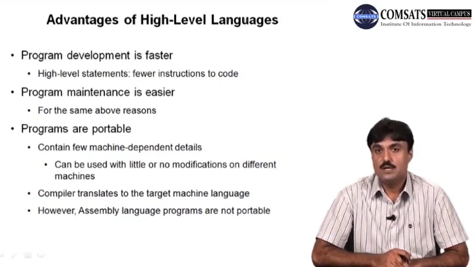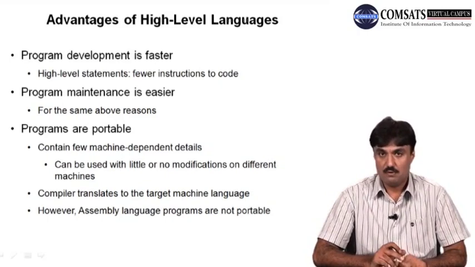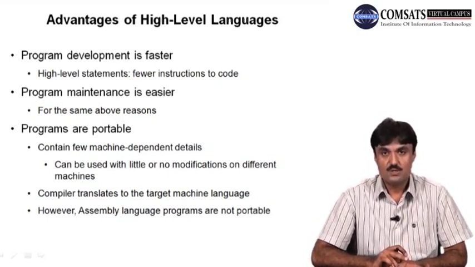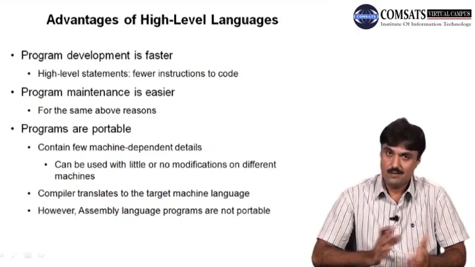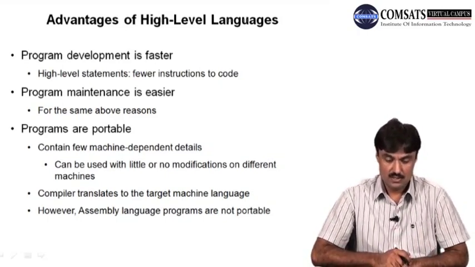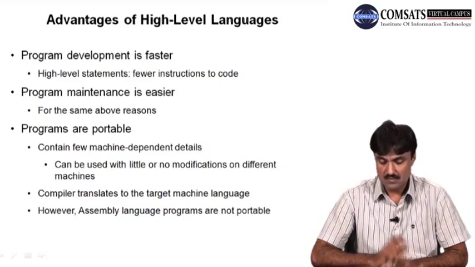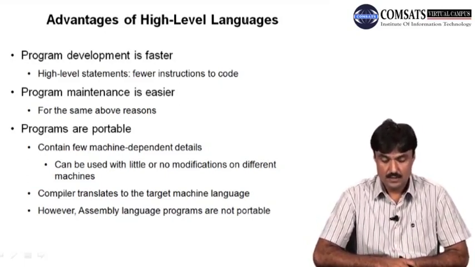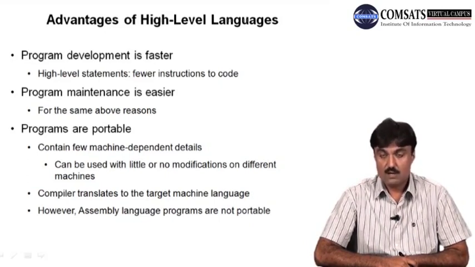So whatsoever program you write for one architecture can be easily moved to be executed on another machine or architecture. It is the responsibility of a compiler to translate it to the target machine language.